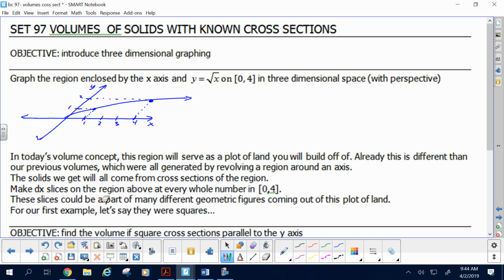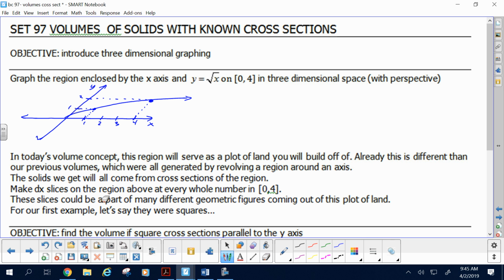Now, the reason we're graphing like that now is because we're doing a totally different type of volume. Now, you've done volumes of revolution. That's one type of volume problem. It's the idea of taking a region and revolving it around an axis. And depending on what the region looks like, you could find the volume of that revolution in a lot of ways.